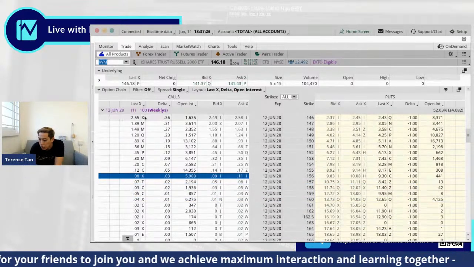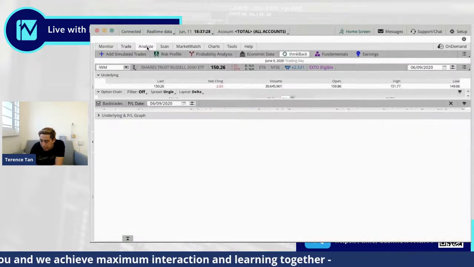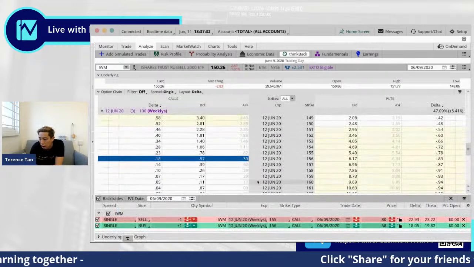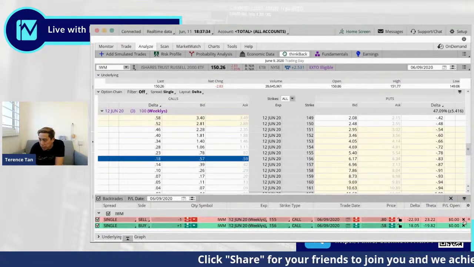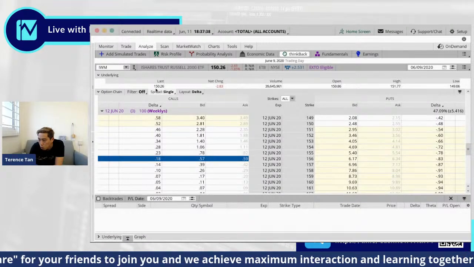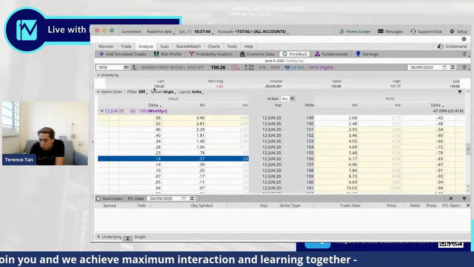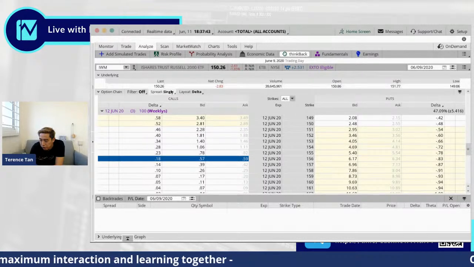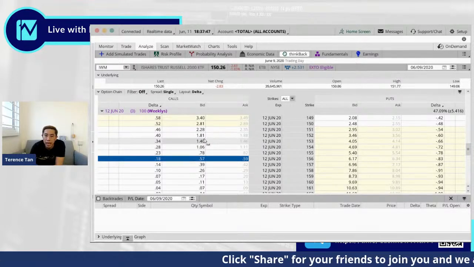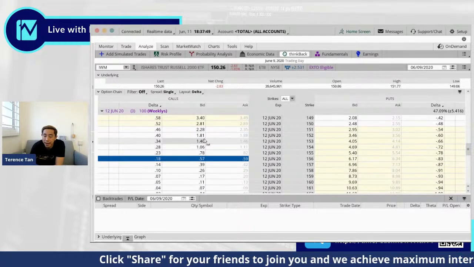With the exact same trade, how could I increase my profitability? The way to increase your profitability is really doing this instead. On the 9th of June, with the Russell trading at 150.26, what we said earlier is you could look at selling an at-the-money call spread.